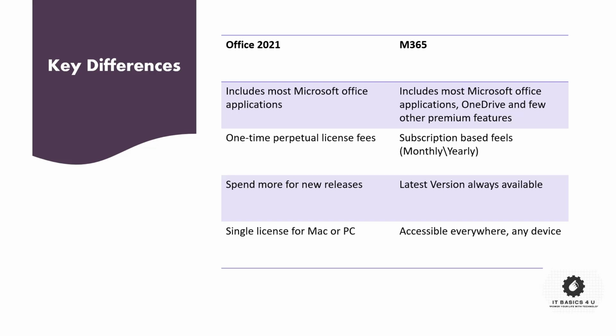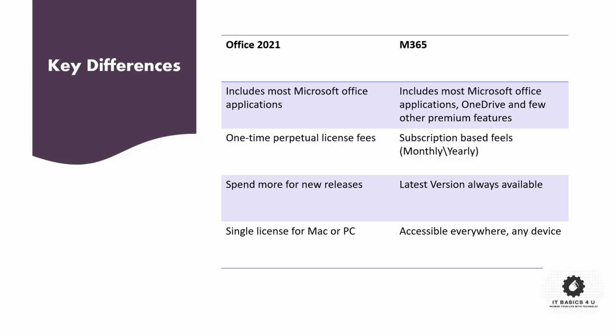Compared to Microsoft 365, Microsoft 365 includes a lot of those applications which are already in Office 2021, but it also gives you OneDrive storage and a lot of premium features. Microsoft 365 is a subscription based license fee, and it's monthly or yearly. The best part is with Microsoft 365, you get the latest version of your applications all the time.